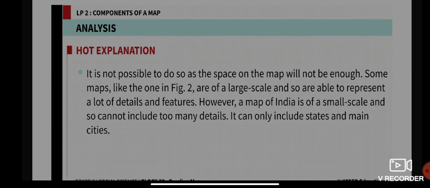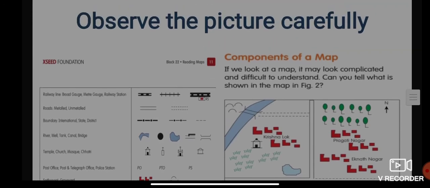Some maps like the one in figure 2 are of a large scale and so are able to represent a lot of details and features. However, a map of India is of a small scale and so cannot include too many details. It can only include states and main cities, not the whole of India.